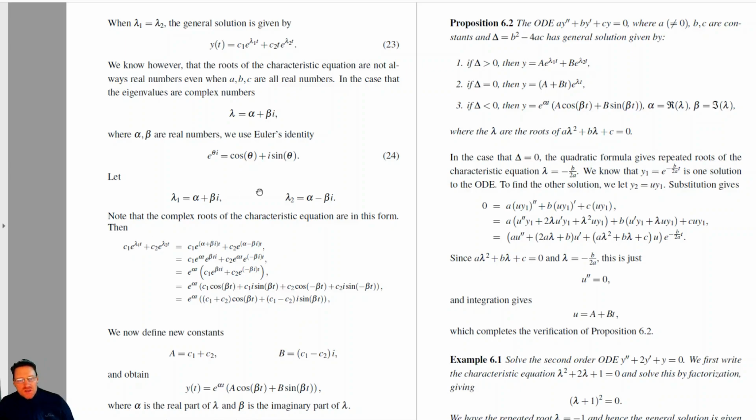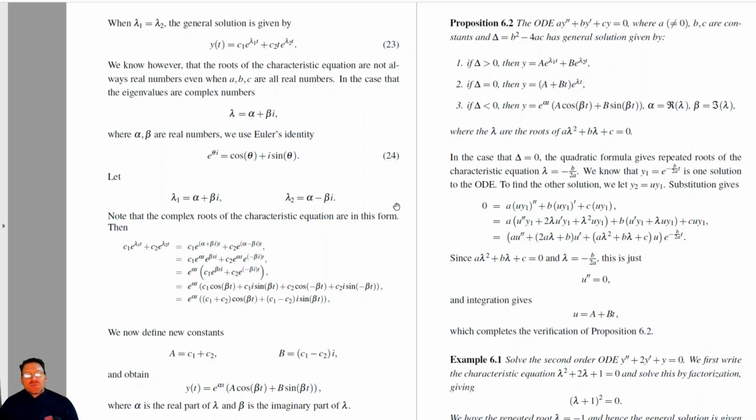So we can assume this is the general case here. All right, so then c1 e to the lambda 1 t plus c2 e to the lambda 2 t is c1 e to the alpha plus beta i, all outside of t, plus c2 e to the alpha minus beta i, all outside of t.